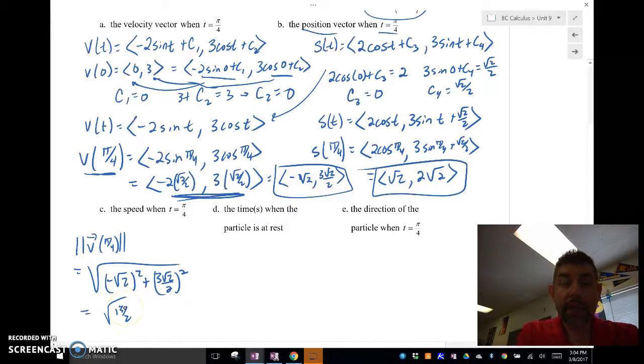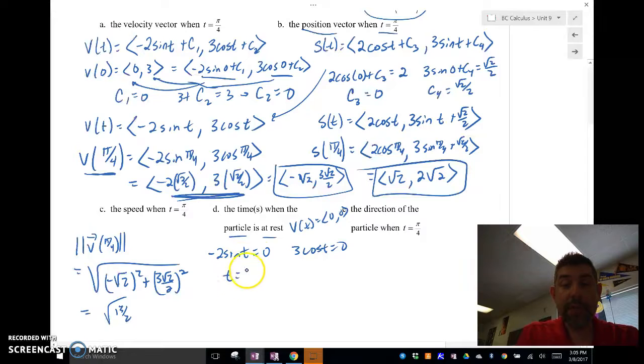Okay, the time when the particle is at rest. We know the particle is at rest when the velocity vector v of t is 0, 0. So when is the velocity vector 0, 0? That's when -2 sine t equals 0 and 3 cosine t equals 0. Is there ever any time when this is going to happen?